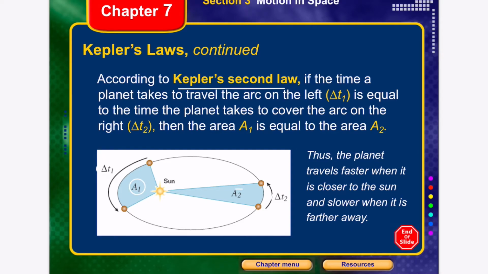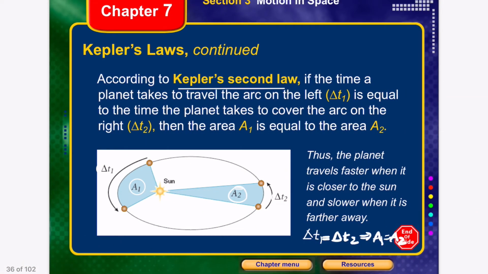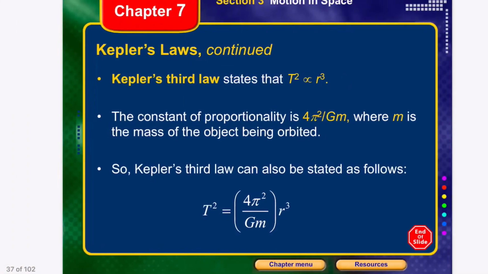So if delta t1 equals delta t2, then a1 equals a2. The one that is closer will trace a wider shape, and the one that is farther will trace a narrower one. The shapes look different, but the actual area is exactly the same.